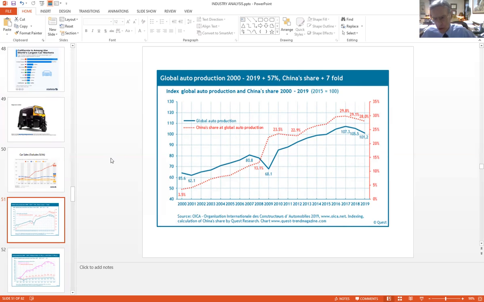By the way, this is a standardized scale. 2015 is equivalent to 100 on this scale. And you can see that the red dotted line represents auto production in China. And it grew faster than the rest of the world, primarily because during the financial crisis and meltdown in 2008, 9, and 10, China's auto production kept going.